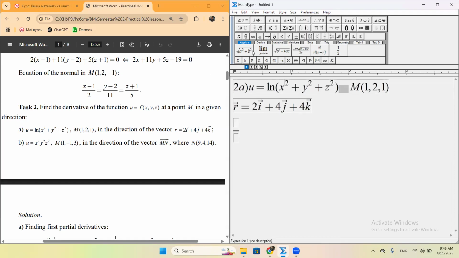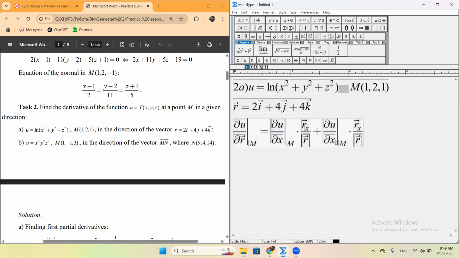So the following formula: du by dr at point M will be equal to du by dx at point M, multiplied by the x coordinate of vector r by the magnitude of vector r, plus analogically for y and z.